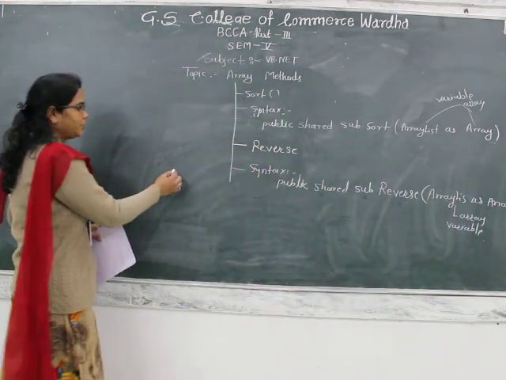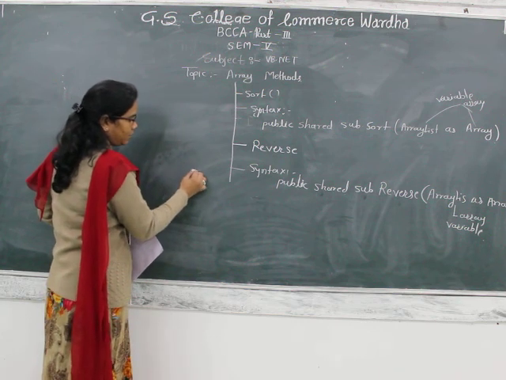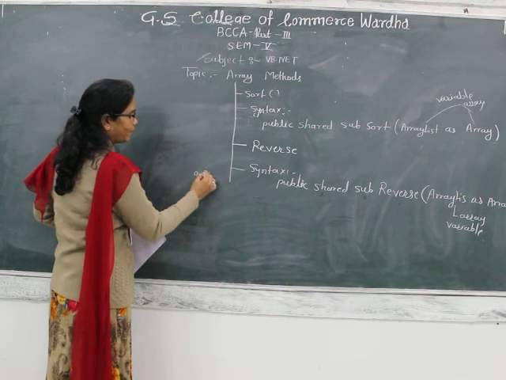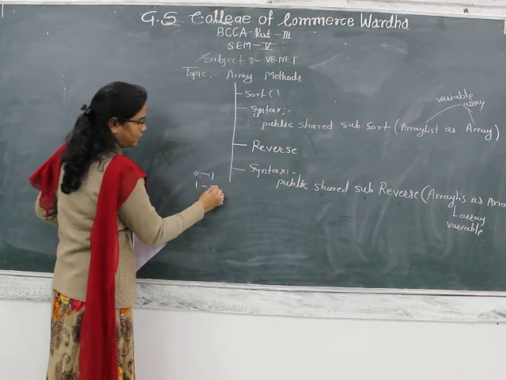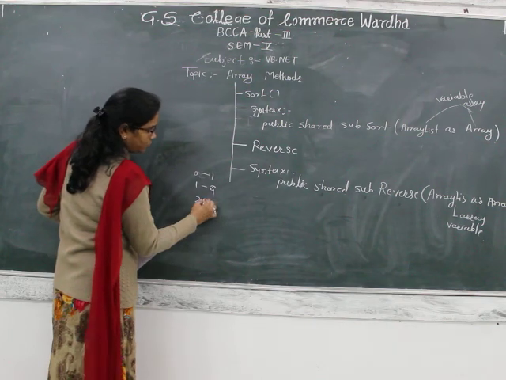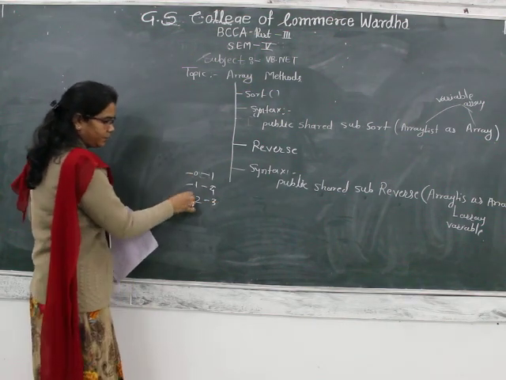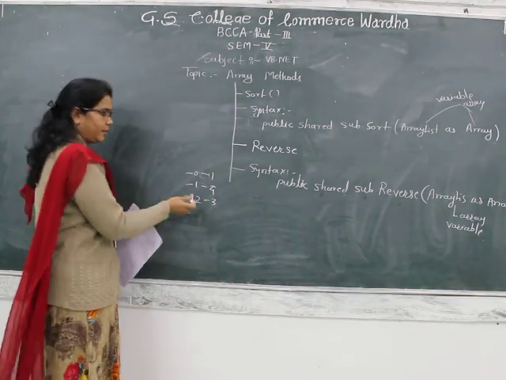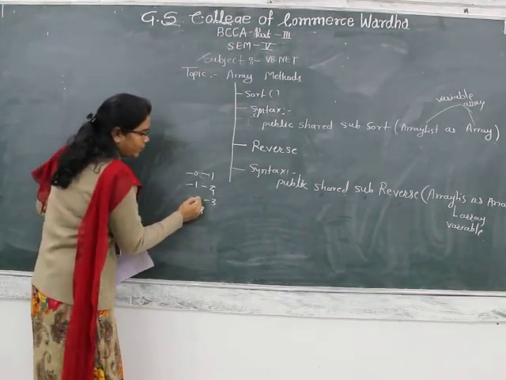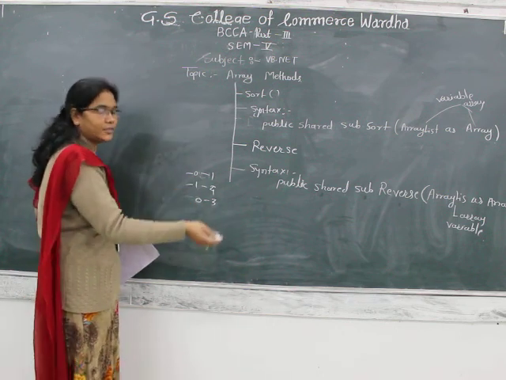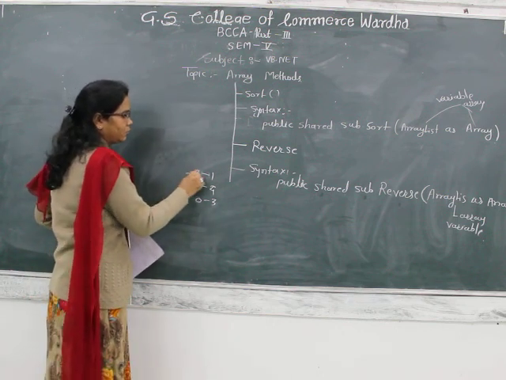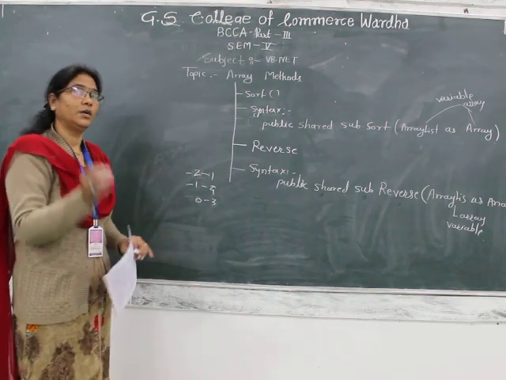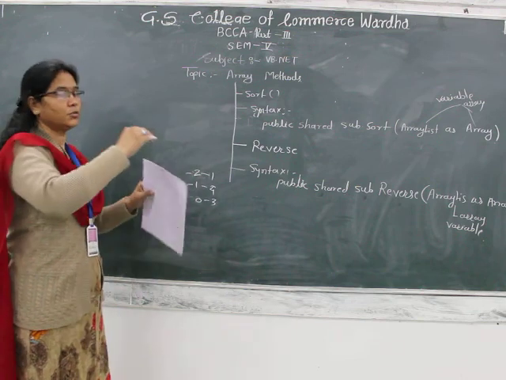Reversing means what? Suppose the index number of a particular element of an array is 0, 1, 1, suppose 4, 2, suppose 3. This is the position in the array. We are reversing it, that means we are assigning the 0th position to the last element, then 1 and here 2. That means we are reversing the element positions.